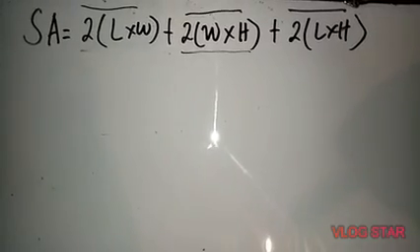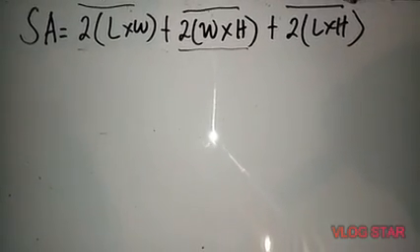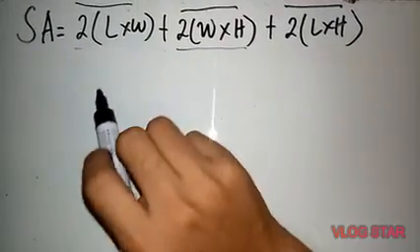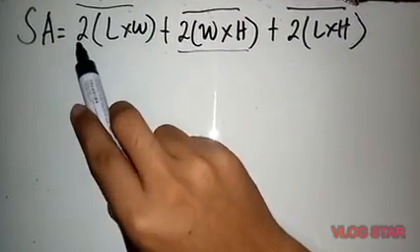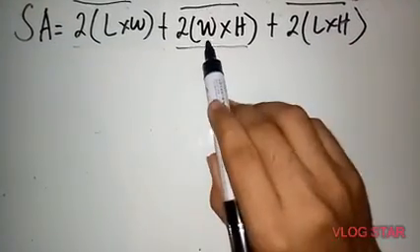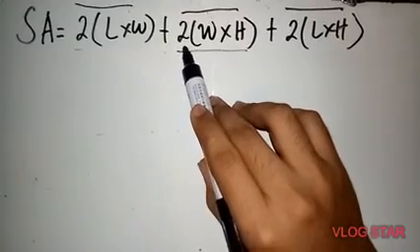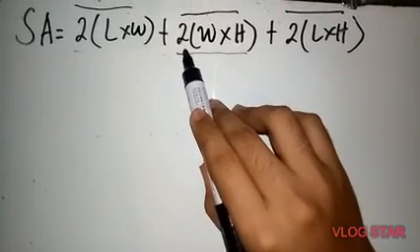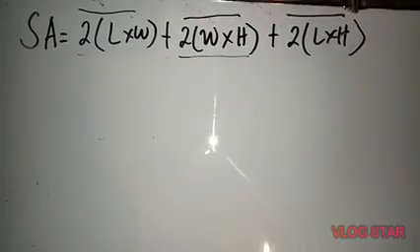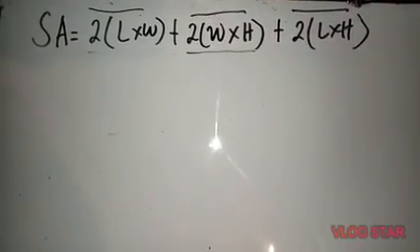To sum up the surface area of a rectangular prism, we have length times width. This is for the top face and the bottom face, while width times height is for the left and right faces, and length times height is for the front and back faces.